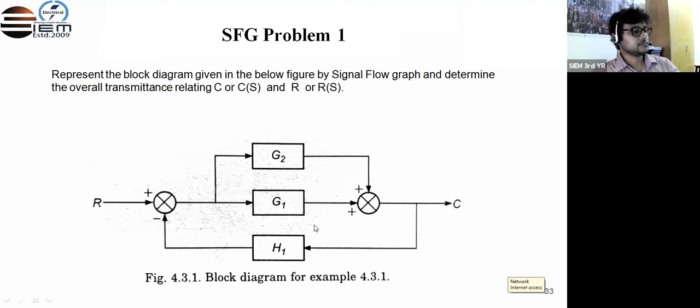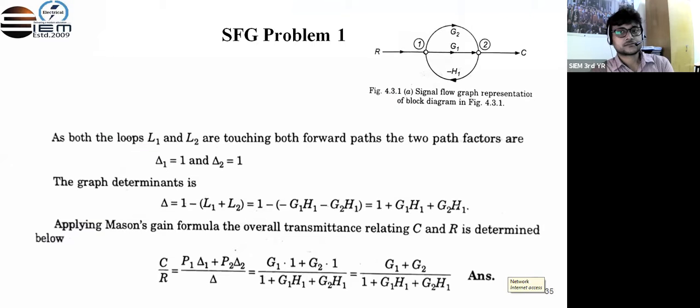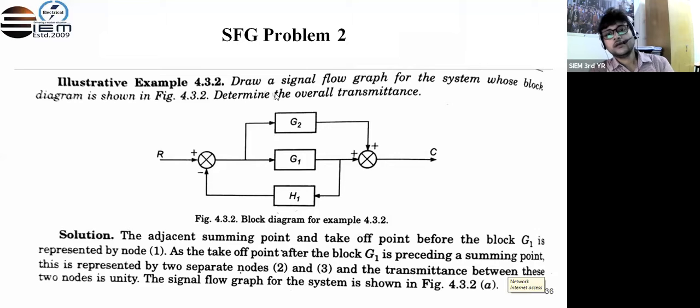Now in this next case, draw a signal flow graph for the system whose block diagram is shown in the figure. Here this is the summing point and this is a takeoff point. Obviously this point you can consider as a single node.